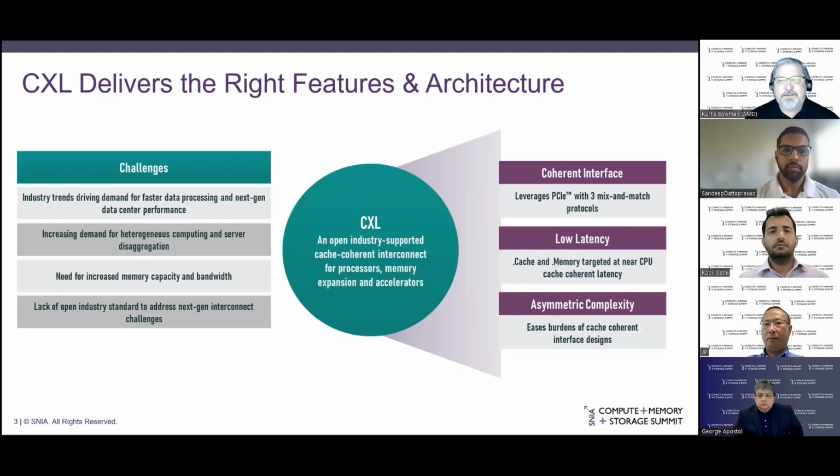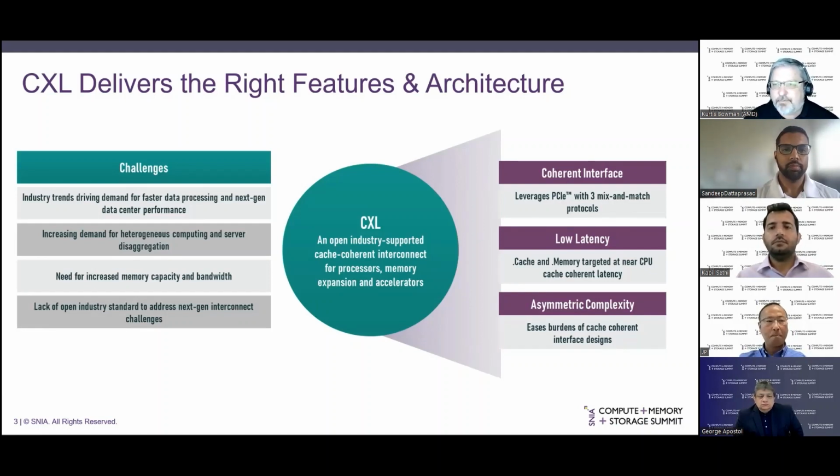We need it because the systems are starting to use heterogeneous compute. They need more memory capacity, and they also need more bandwidth. And so from there, we opened up the CXL Consortium and made it so that what we had was a very coherent, low latency, high bandwidth, easy to implement interface that the industry could use and have that compatibility.